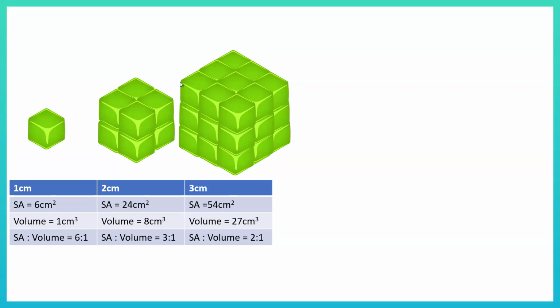And then if you do this one, it's 3 times 3 times 3, which is 27. But if you keep increasing the length of the side, you'll see that the volume gets bigger quicker. So if you carried on doing the maths, you'd see that the volume would get bigger quicker.